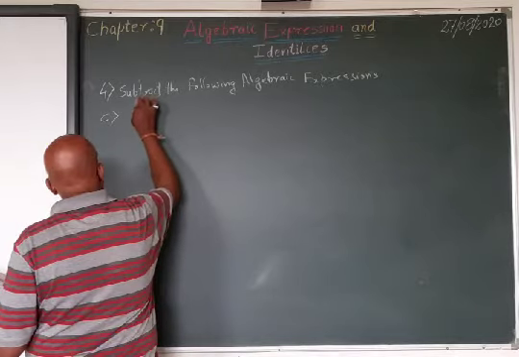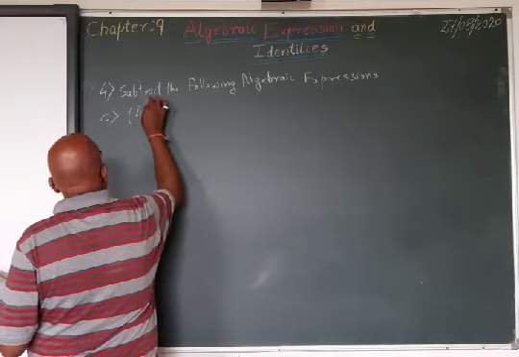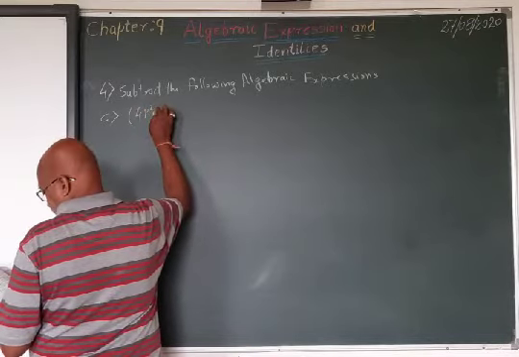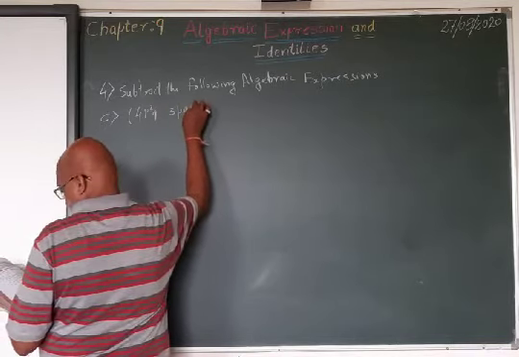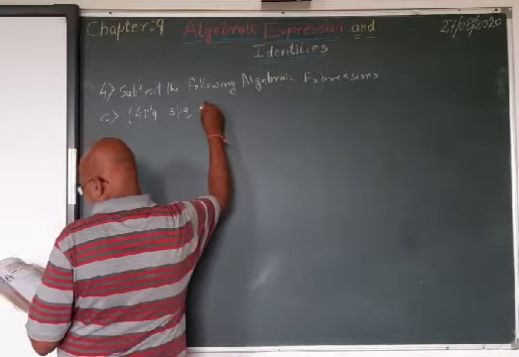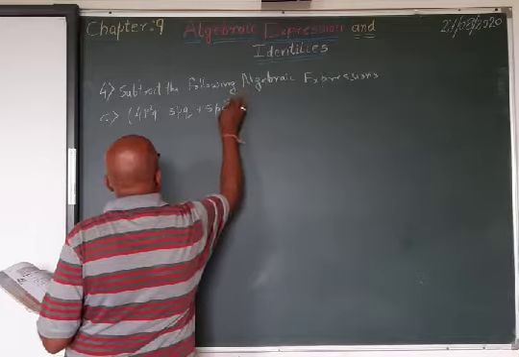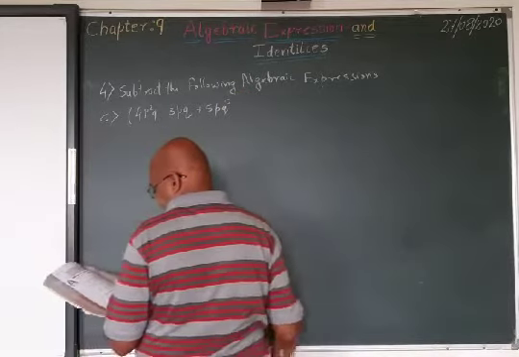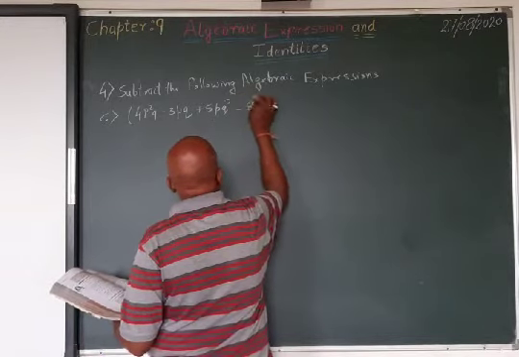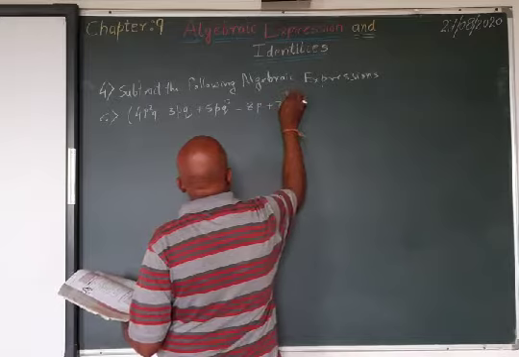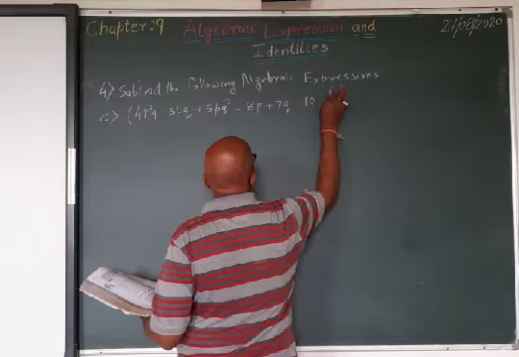I will write it here in brackets: 4p square q minus 3pq plus 5pq square minus 8p plus 7q minus 10.